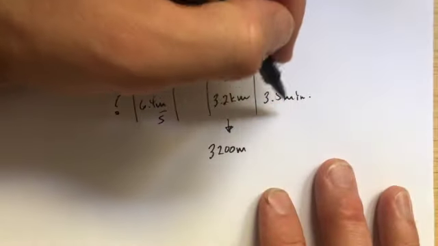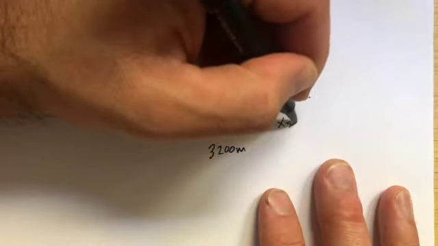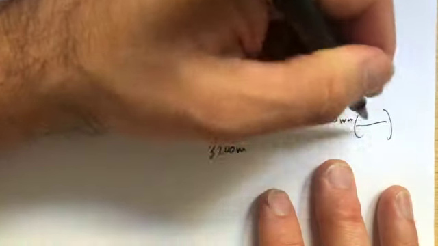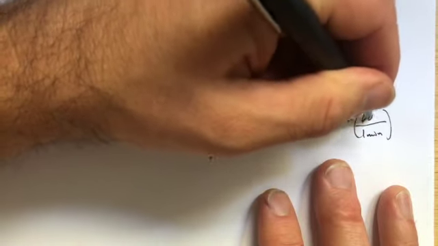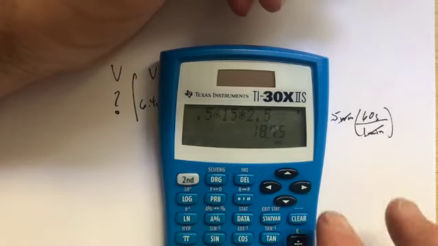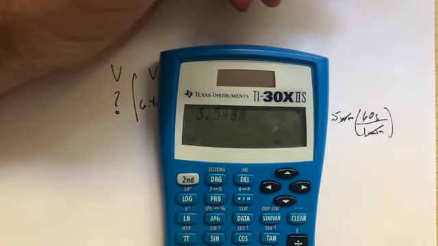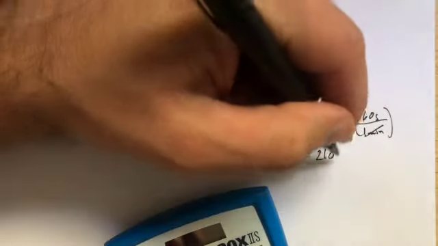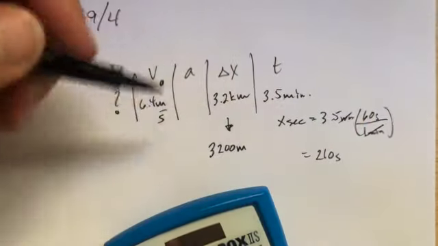And then time, 3.5 minutes, we want that in seconds, so x seconds equals 3.5 minutes. 1 minute, 60 seconds. So 3.5 times 60 equals 210 seconds. So that's our time.